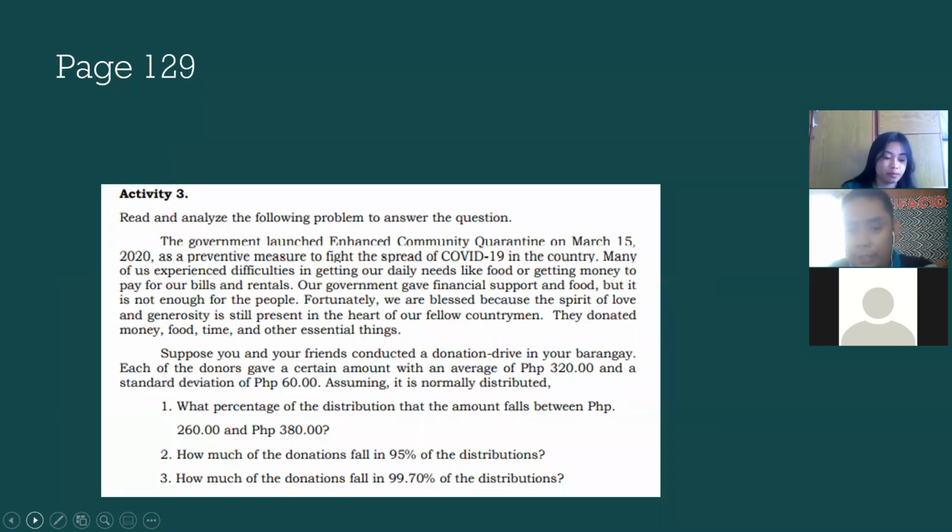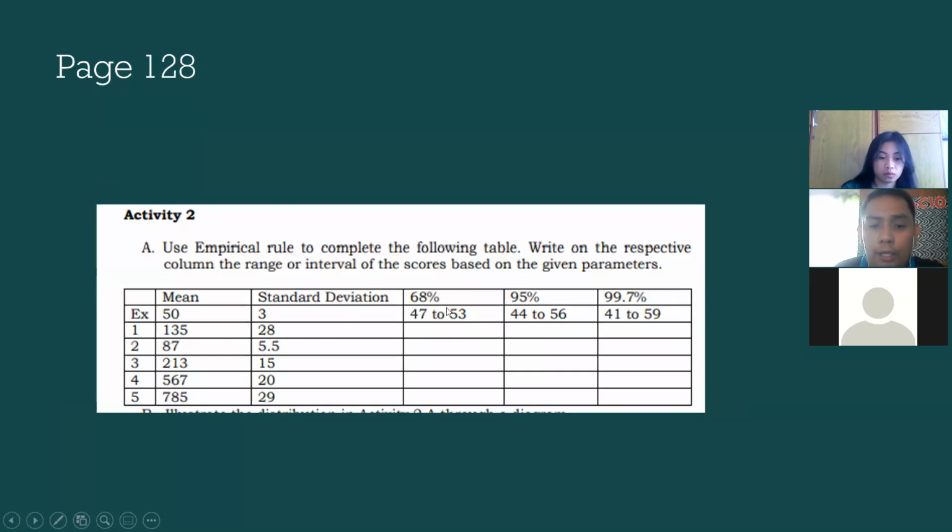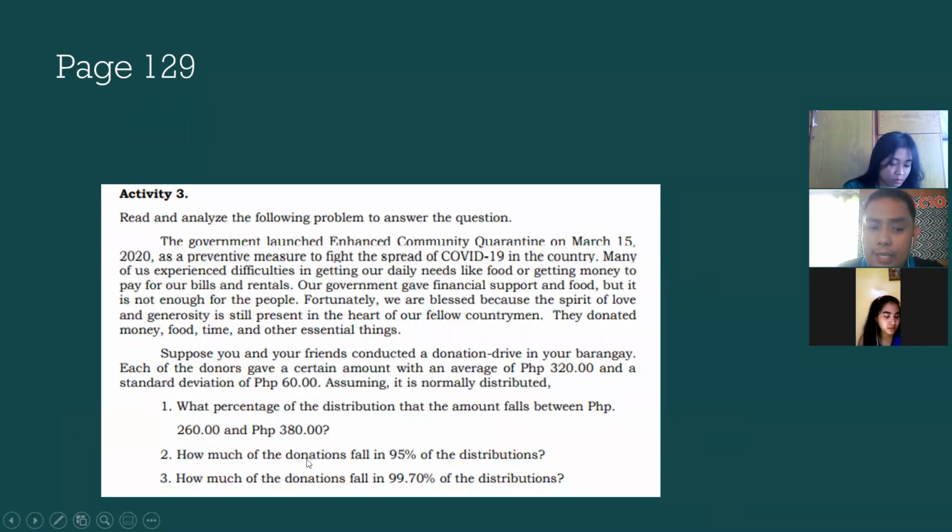And Activity number 3, page 129. Activity 1, 2, at saka 3. Okay? Sa Activity 2, letter A lang ang gagawin nyo. Letter A. Okay?